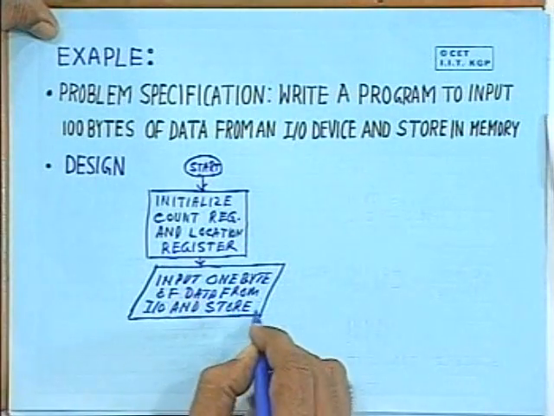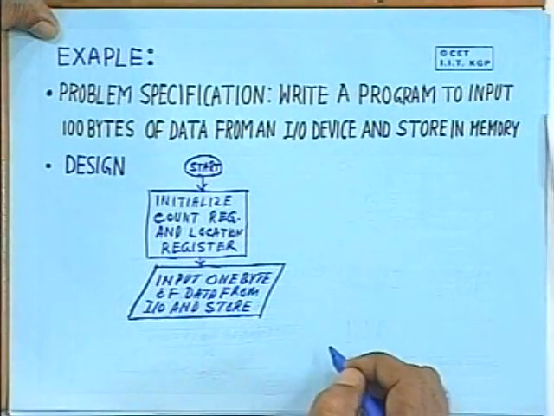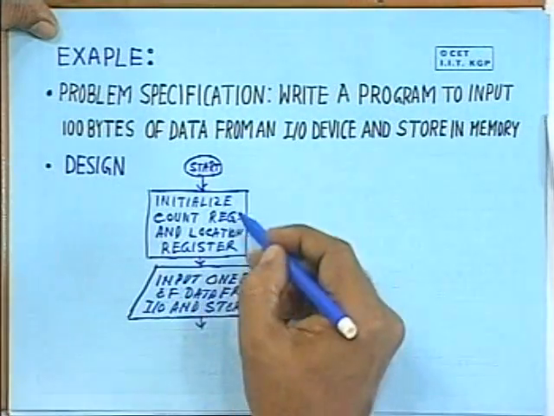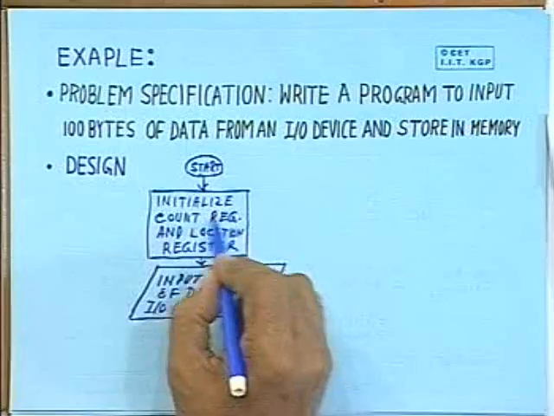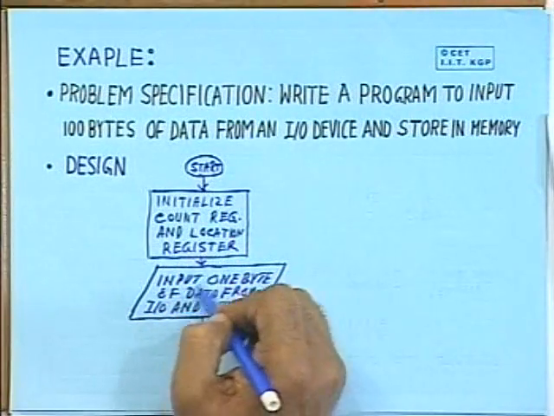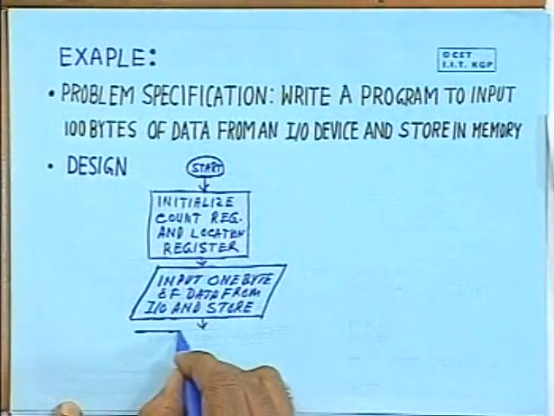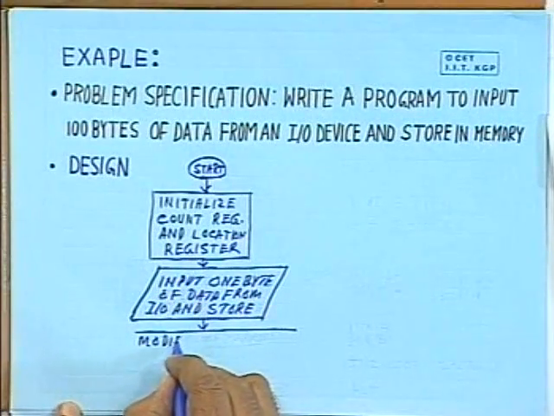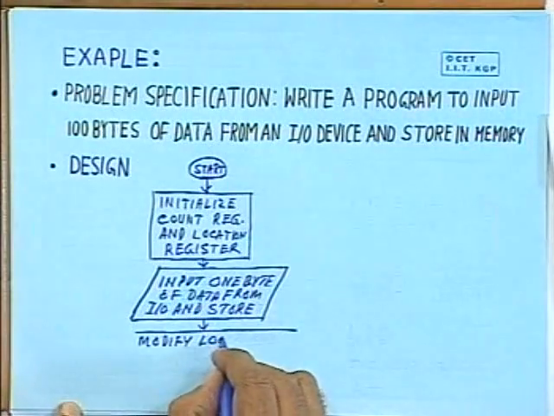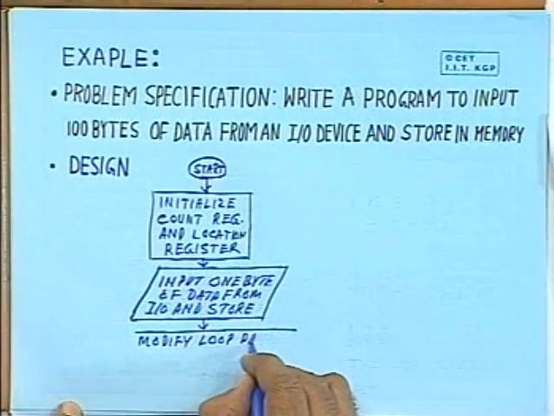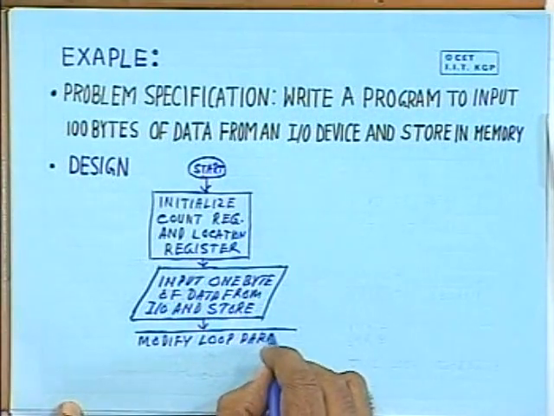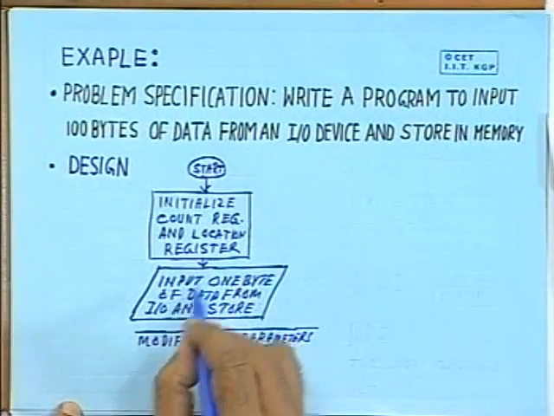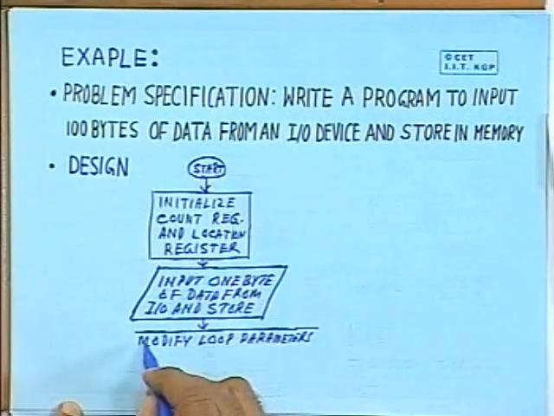So this is the task to be performed repeatedly. And after this is done, you have to modify these loop parameters, the count register and location register values. So you will require a block where you will modify loop parameters. In this case, the loop parameters are essentially the count register and the location register.